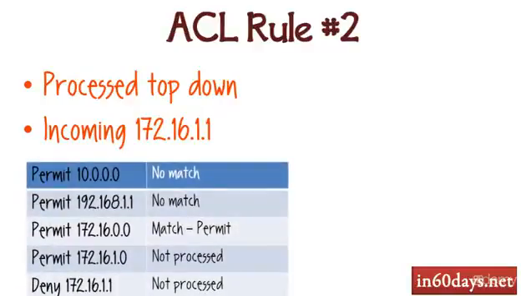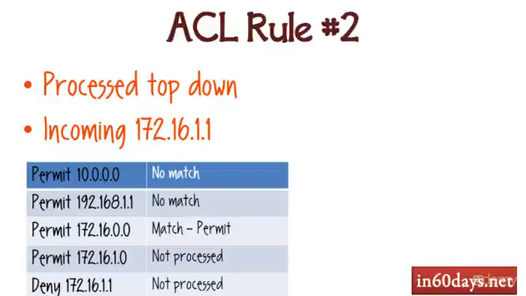So, for example, our access list here, we're looking at incoming traffic from 172.16.1.1. First line is a 10, no match. The second line is 192, no match. The third line, we're permitting the entire network 172.16. The router will match that part of the access list and permit the traffic through.